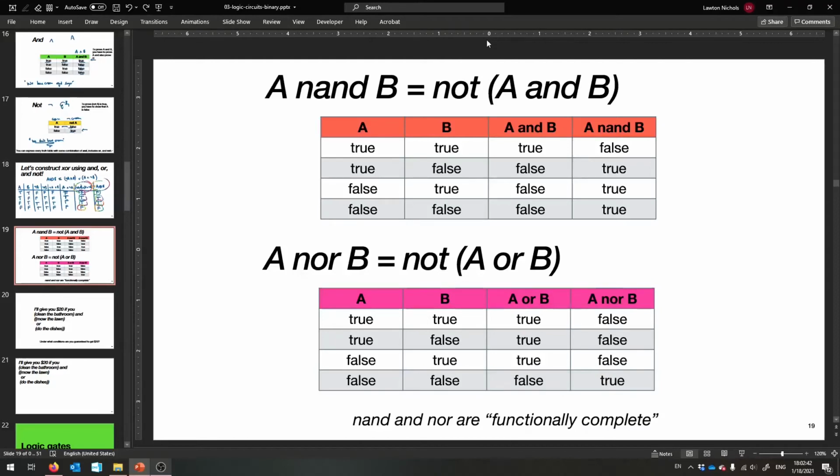So you can make any truth table using a combination of only NANDs. Okay? So just NANDs. And similarly for NORs.